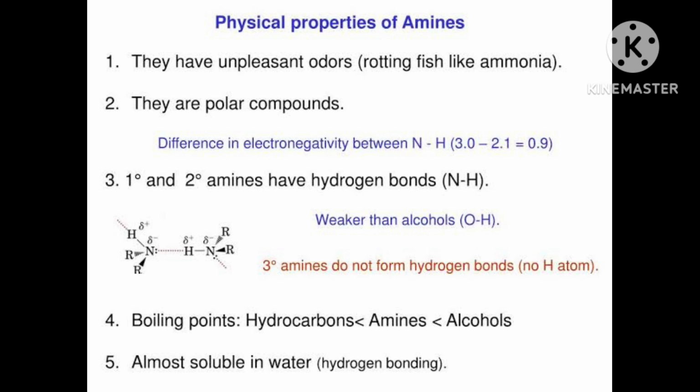The order is: primary will be greater than secondary, which will be greater than tertiary. Means the boiling point of primary amine is greater than secondary, and secondary is greater than tertiary.